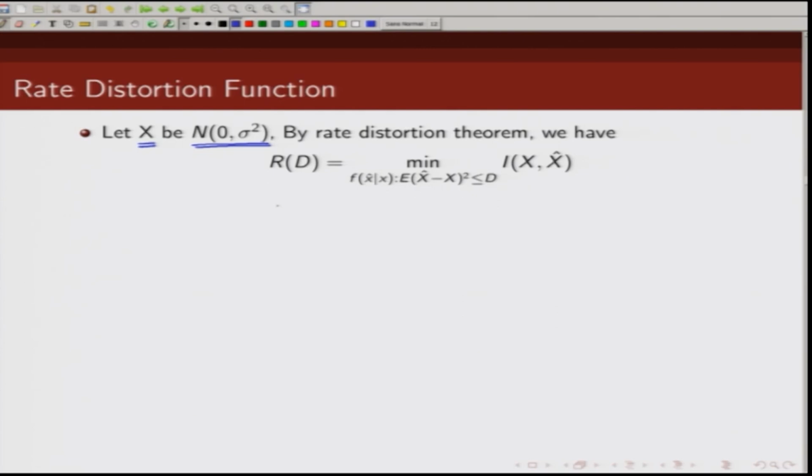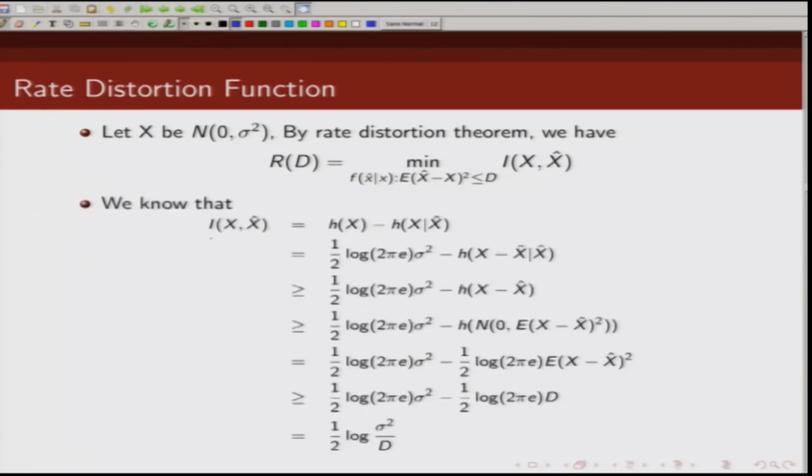Now according to the definition, the rate distortion function is given by minimizing the mutual information between X and X hat, and this minimization is over all conditional distributions of f of x hat given x, such that the expected distortion constraint is satisfied.